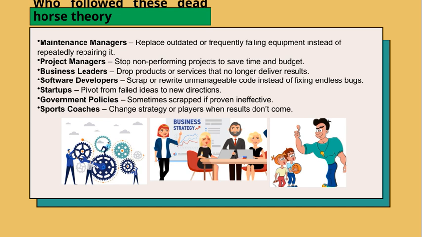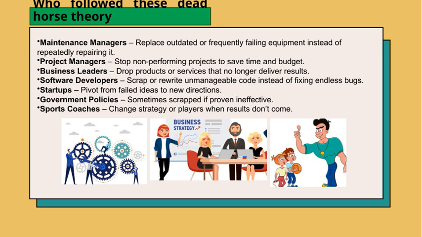Sometimes, a fresh start is the most efficient solution. Startups, by their very nature, need to pivot from ideas that aren't working, shifting directions to find new opportunities. Even government policies are not immune. Sometimes, they are scrapped altogether if proven ineffective or outdated. And in sports, coaches often change strategies or players when the current approach isn't leading to winning results.